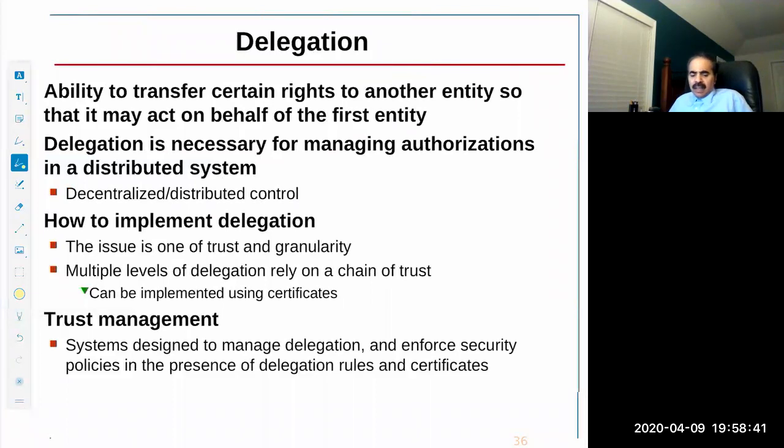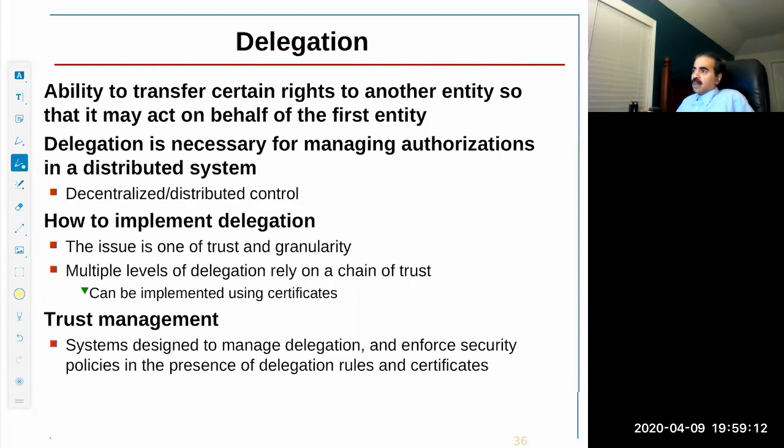Now, there may be situations where RBAC is not enough. One of those situations is what is called delegation. Delegation means that the owner of a resource, or a user that has a certain permission on a certain resource, may want to hand over that permission to another user so that the second user can carry out some function.